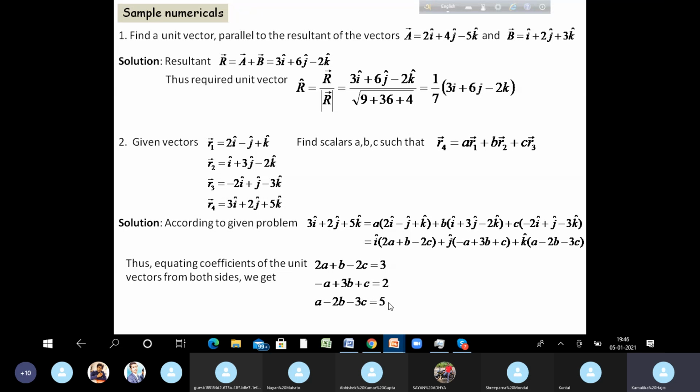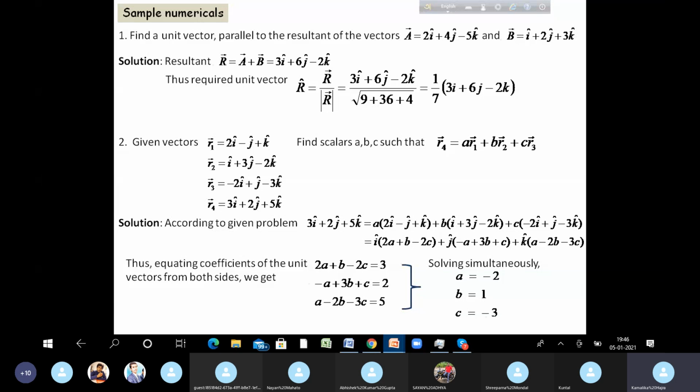What do you do? You solve the equations simultaneously. You can work it out by yourself at home, and the result that you will get by solving the three equations simultaneously is this: a equal to minus 2, b equal to 1, and c equal to minus 3.